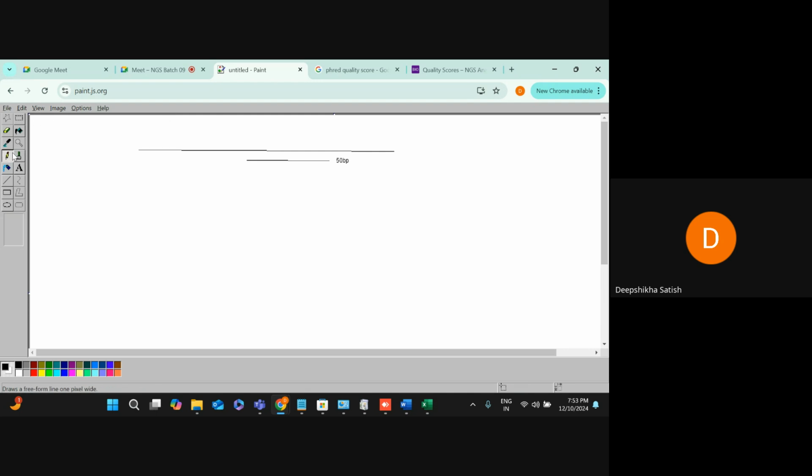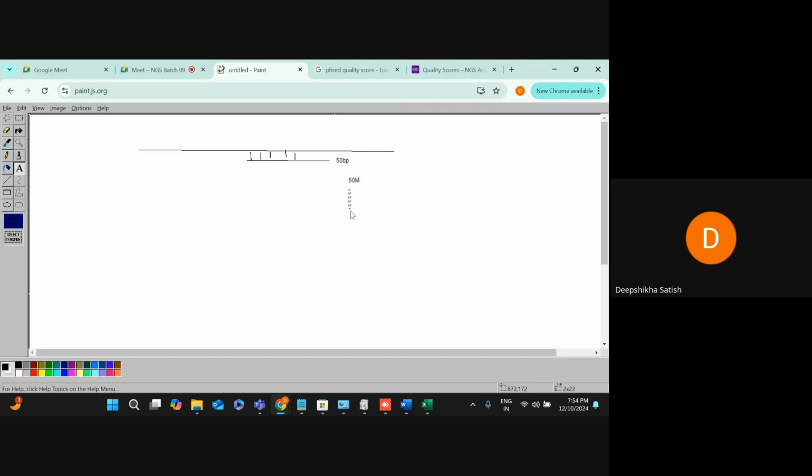For example, if these 50 bases are matching with your reference genome, it will give you the CIGAR string value as 50M. This M is the associated operator. Here M indicates that the 50 bases from the read are matching with your reference genome.